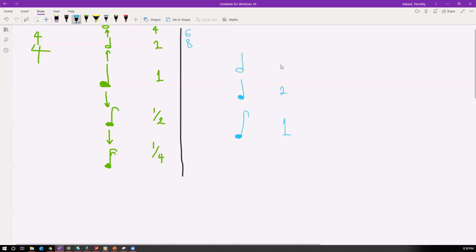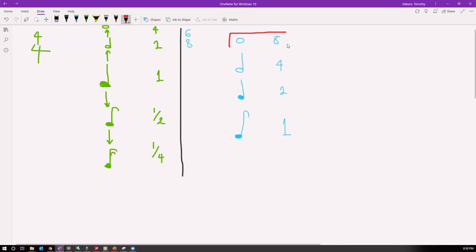We will have 4 beats. In the course of the music, we have a whole note, and we would have, what's that? 8.